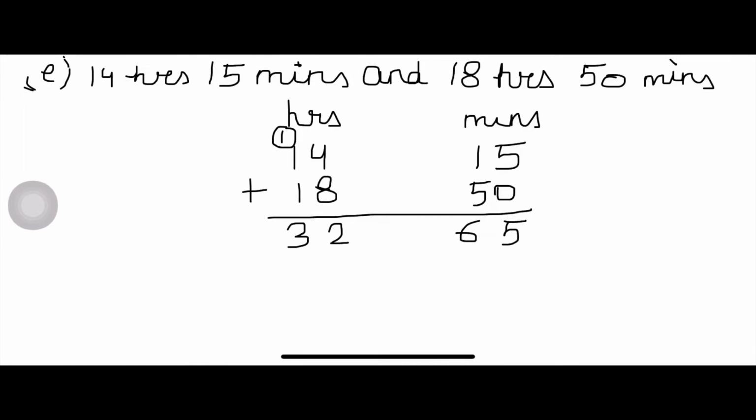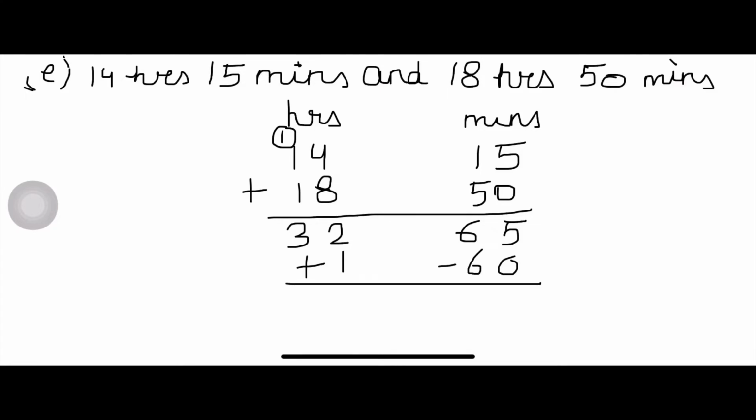1 plus 1 plus 1 is 3. Now students, see here the minutes are more than 60. But you all know minutes can never be more than 60. So in this step we will deduct 60, because 1 hour is equal to 60 minutes, and add 1 to 32.